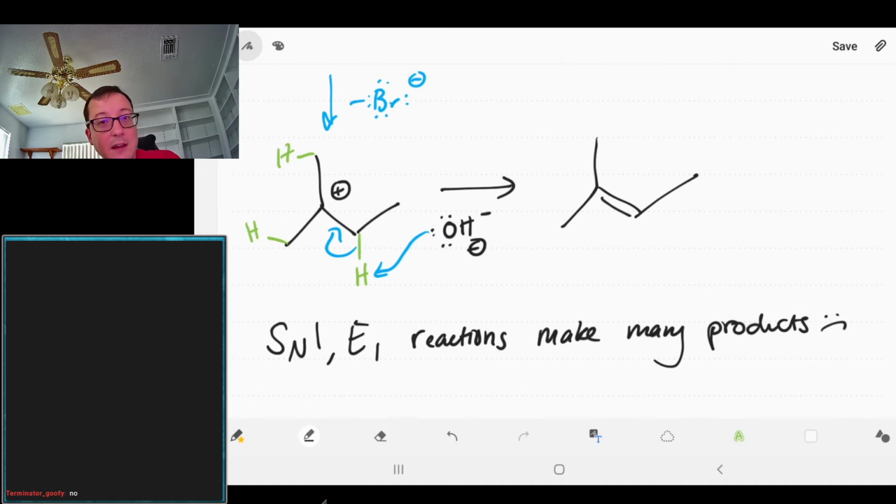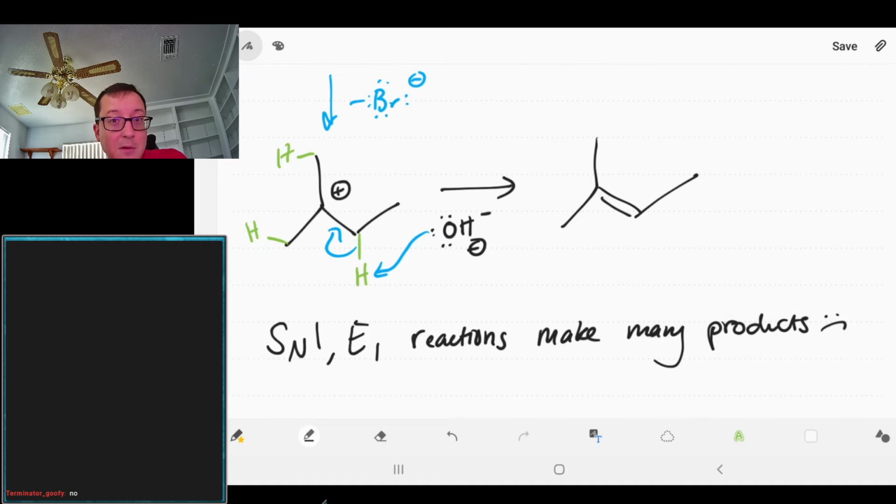These ones are not as useful, but they are important for us to study, because they are some of the only ways we can get certain products. For example, we can't use a tertiary substrate to do an SN2 reaction.